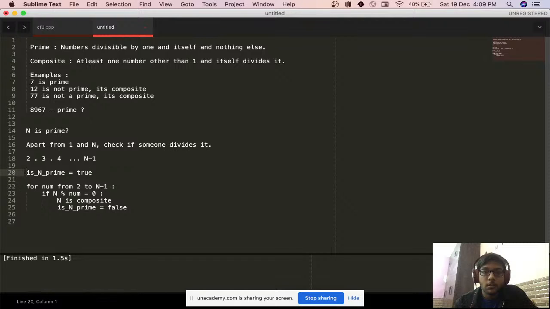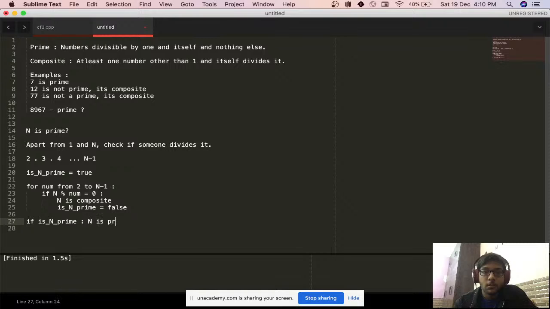Initially we assume that n is prime. Now we search for a number which divides n. So we iterate over all the numbers from 2 to n minus 1 and check if n after division by the number gives a remainder 0. That means it's divisible. So if we get such a number, then we say n is composite, and is n prime is false, because it's not prime. In the end, we check if is n prime, then we can say that n is prime.